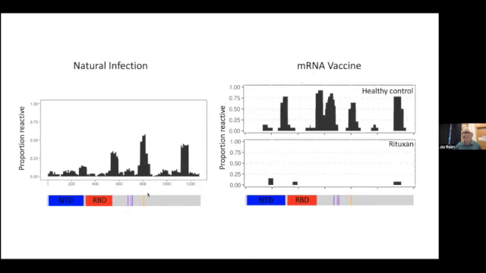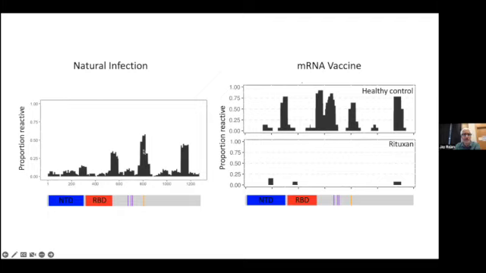To me, one of the more interesting observations that came out of this is about natural infection and mRNA vaccination. All of the people in Joe's study got either Pfizer or Moderna, and there really weren't any substantial differences by vaccine type, but the signals are very different in natural infection versus vaccination.